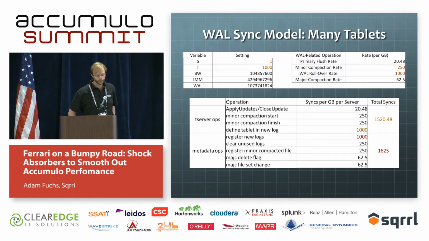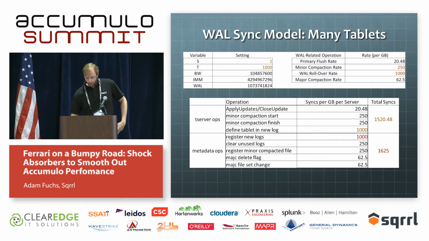Okay, so let's take some other scenarios here. All right, now I've got one server, and that one server has 1,000 tablets on it. All right, we can do our calculations on that. We can see that now the primary flush rate is the same because that's basically batches on the client side. They didn't change because I'm sending them all to the same server. The minor compaction rate increases, so now we have a bunch more minor compactions, and now we've got to roll over 1,000 tablets instead of 10 tablets.